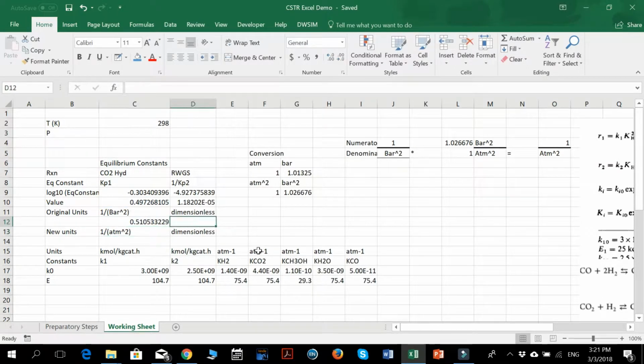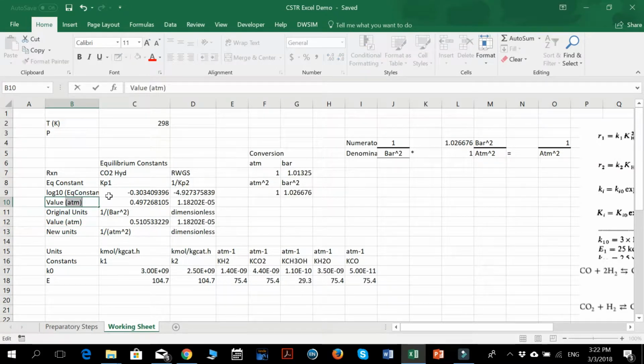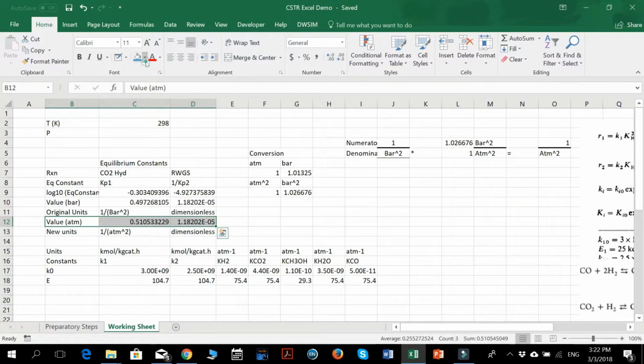That will be the new value that I'm looking for. So I'm going to paste here, Ctrl V, and that's the value in atmosphere units. So this is the one I'm looking for, so I'm just going to highlight it in green.